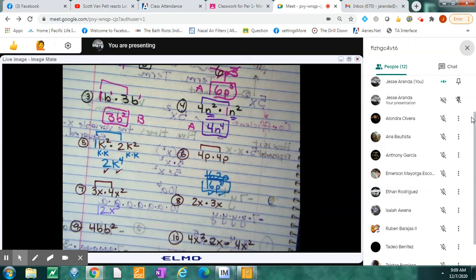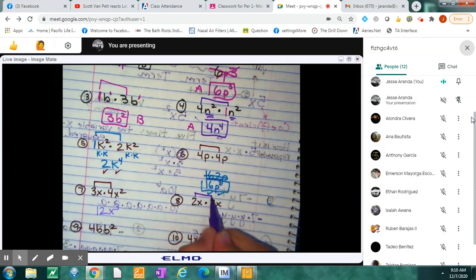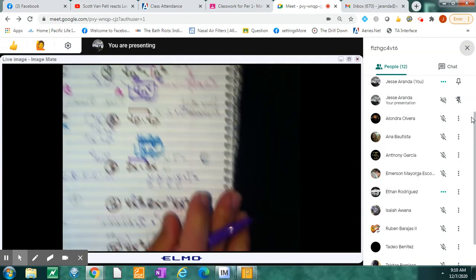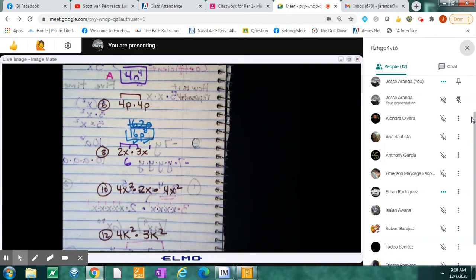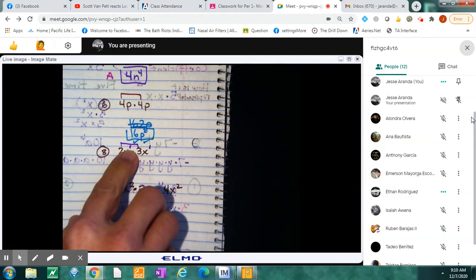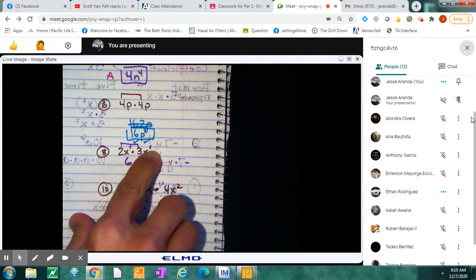How about Ethan Rodriguez? How about the next one? We got 2 times 3, which is 6. And then what's x times x? I'm not sure, it would be 1 or... So you see how there's a 1 right here, and then there's another 1?